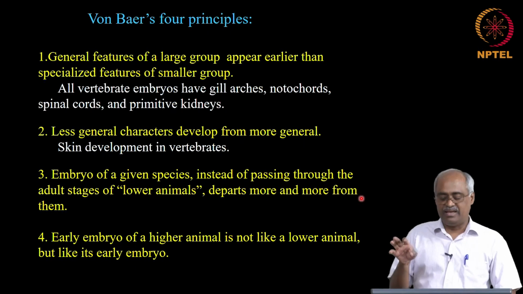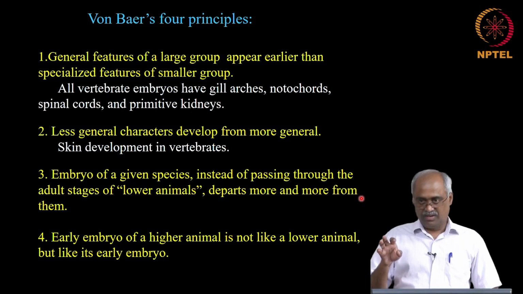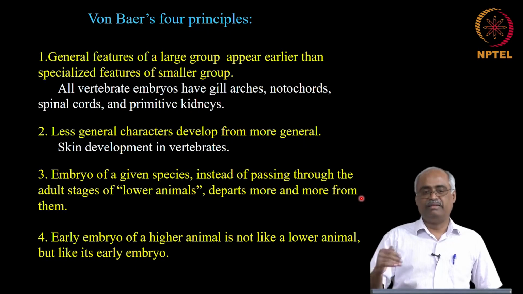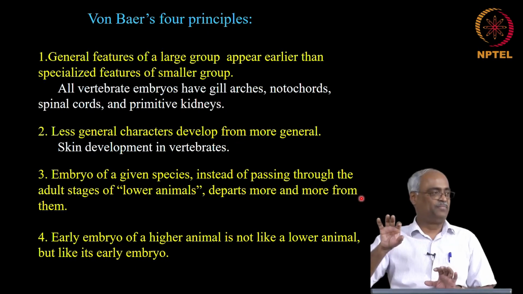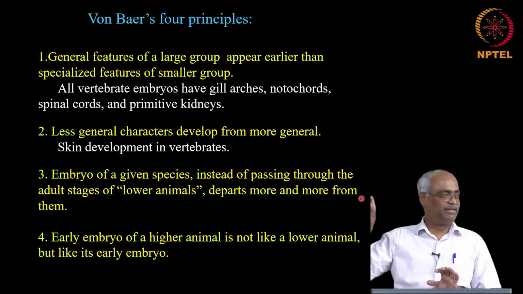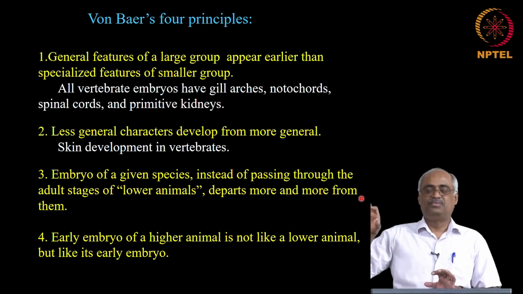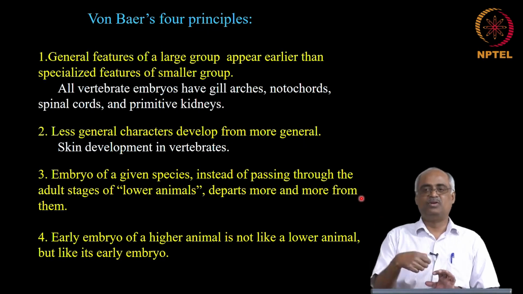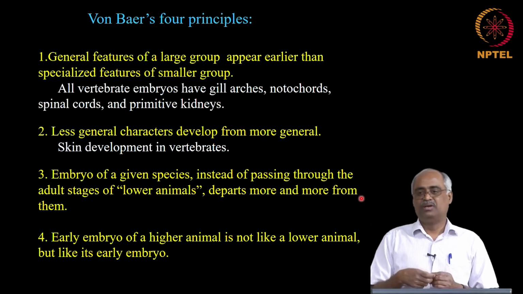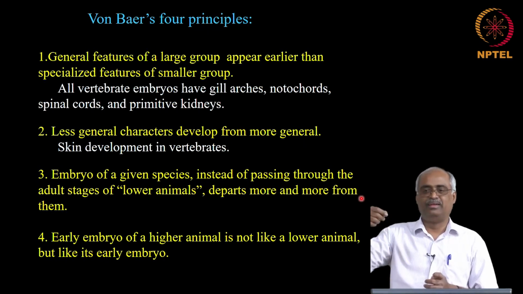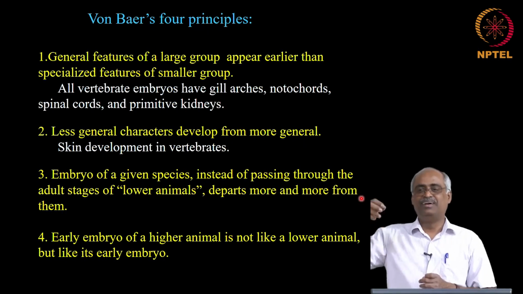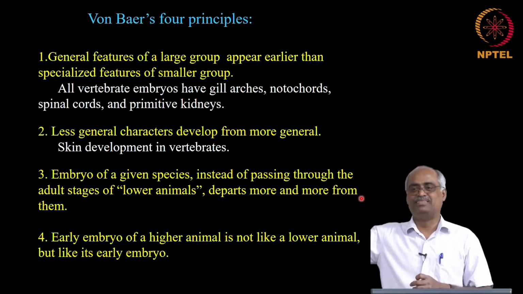So the primary idea actually is this: if you think in the mammal evolutionary phylogenetic tree, if humans are the latest, a human embryo while developing does not go through making deer and then a cow and then a black buck and then a primitive monkey and then an ape and chimpanzee and then human.